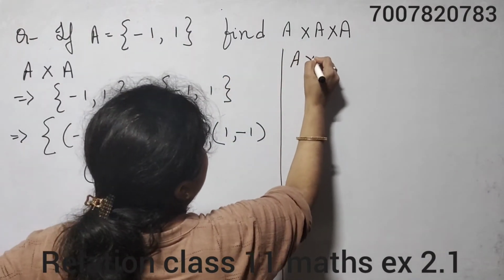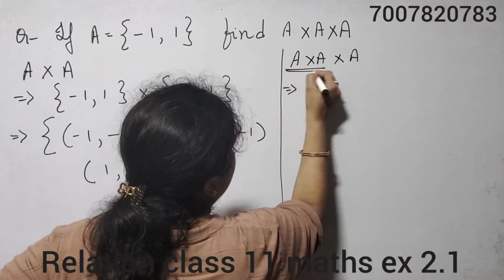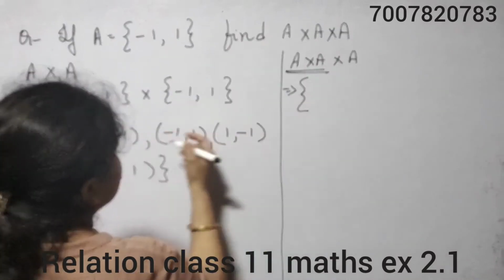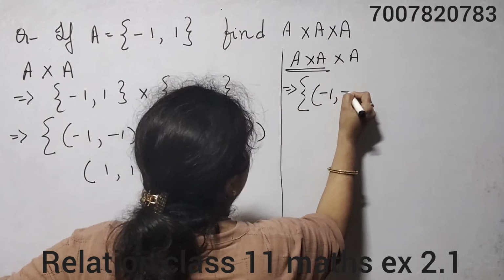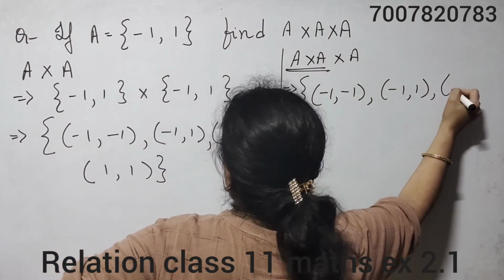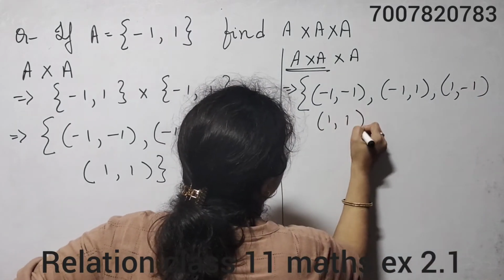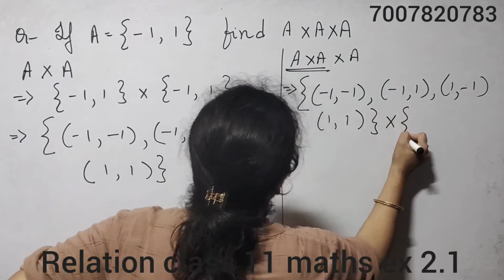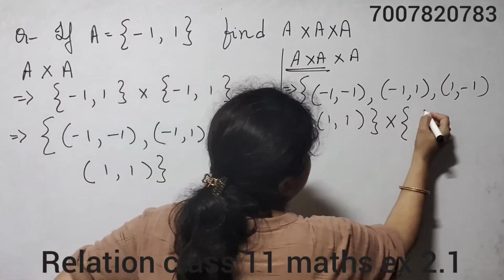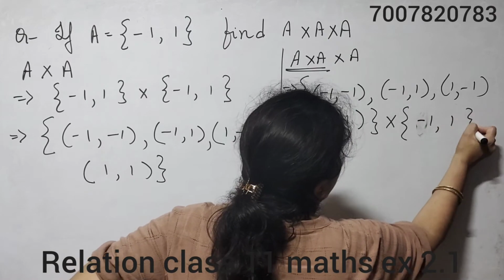That means A cross A cross A. Now for this whole of that, we get the set {(-1, -1), (-1, 1), (1, -1), (1, 1)}. And we have to multiply it with this set, that is {-1, 1}.